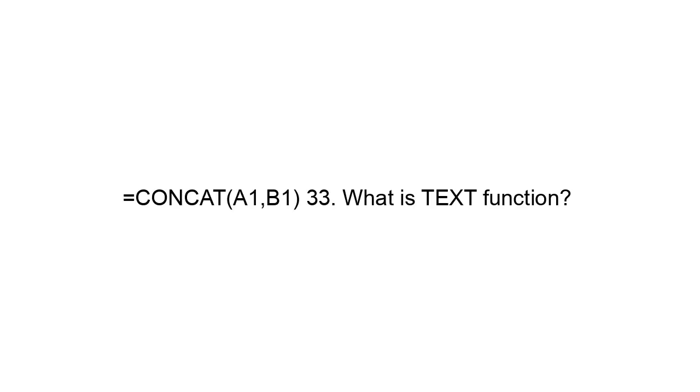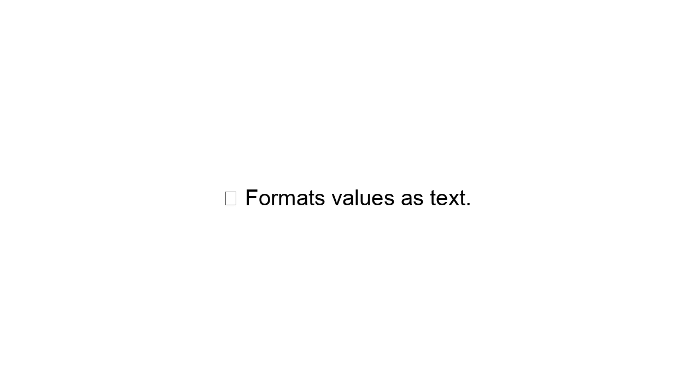Example: =CONCAT(A1,B1). 33. What is the TEXT function? It formats values as text. 34. What is the LEN function? It returns text length. 35. What is the LEFT function? It extracts characters from the left. 36. What is the RIGHT function? It extracts characters from the right.